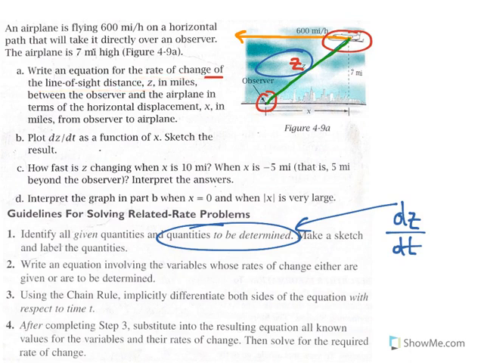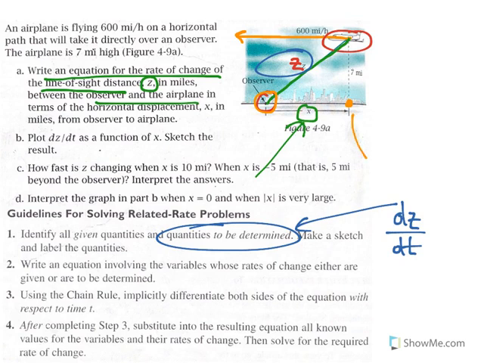So let's read again. Write an equation for the rate of change of the line of sight distance z in miles between the observer and the plane in terms of x, which is also a variable. And what does x represent? It represents the distance from the observer to a point on the ground that is directly below the plane.